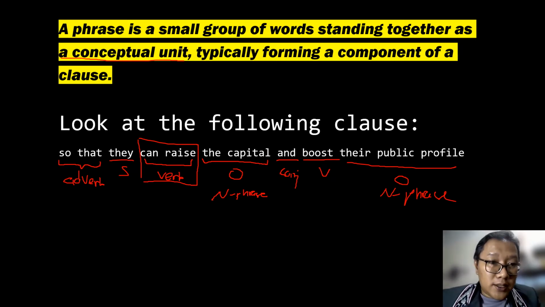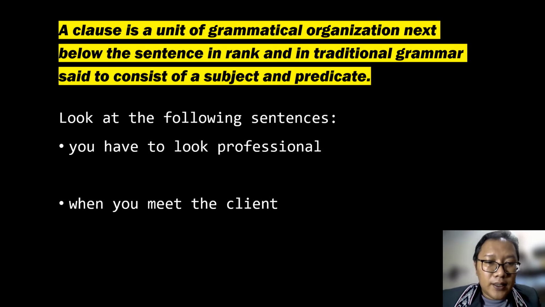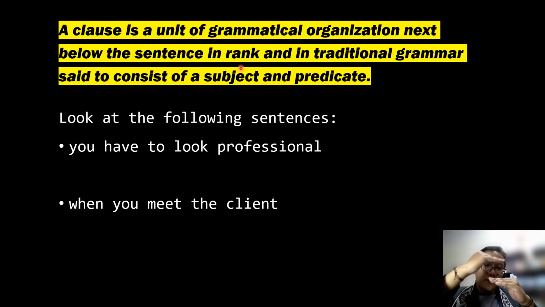So what is a clause? Let's take a look. A clause is a unit of grammatical organization next below the sentence in rank. So after word, above it we have phrase, and above phrase we have clause. After clause we will have a sentence. And in traditional grammar, a clause is said to consist of a subject and predicate.